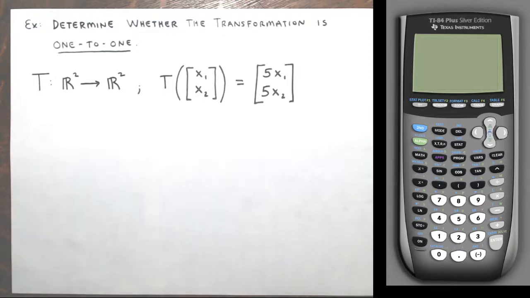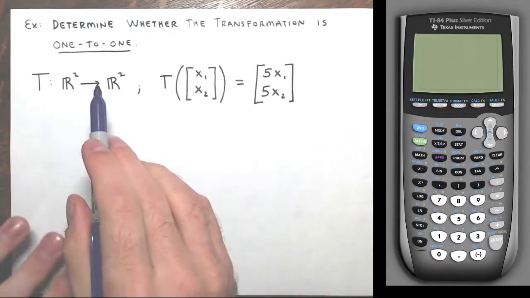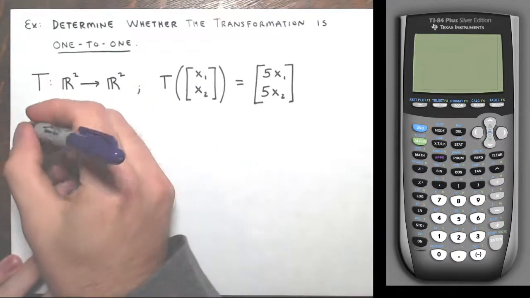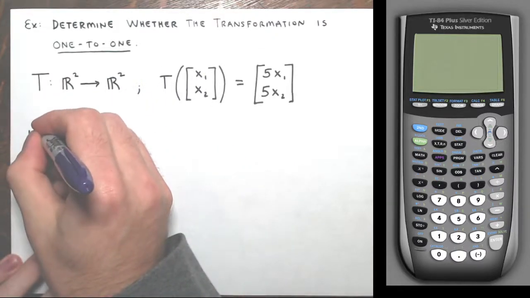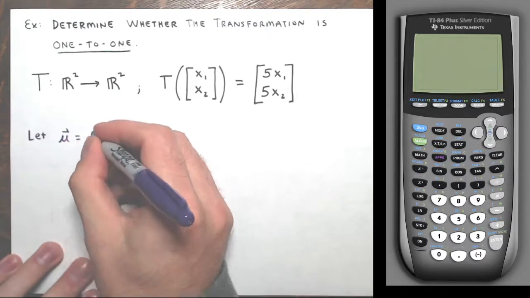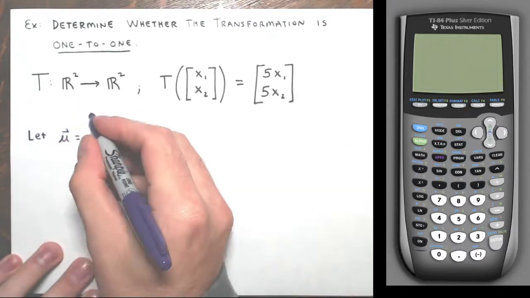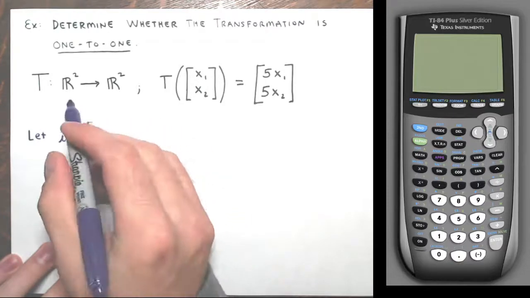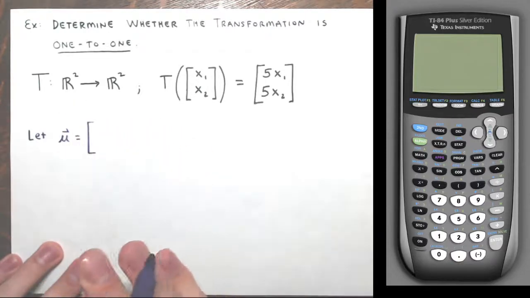So, trying to show that this is one-to-one, let's take a couple vectors, say u from the domain. Again, just some generic vectors, so we use variables, not specific numbers.